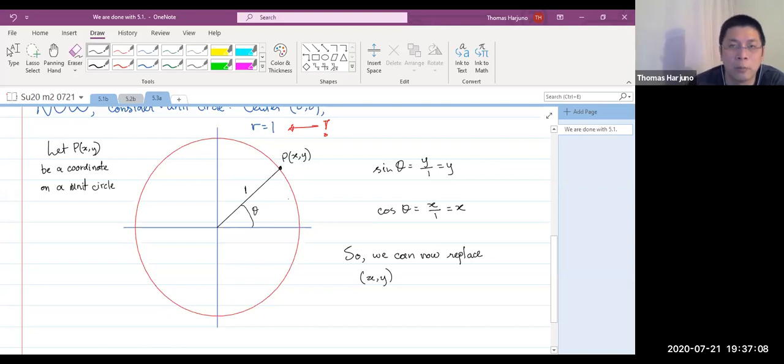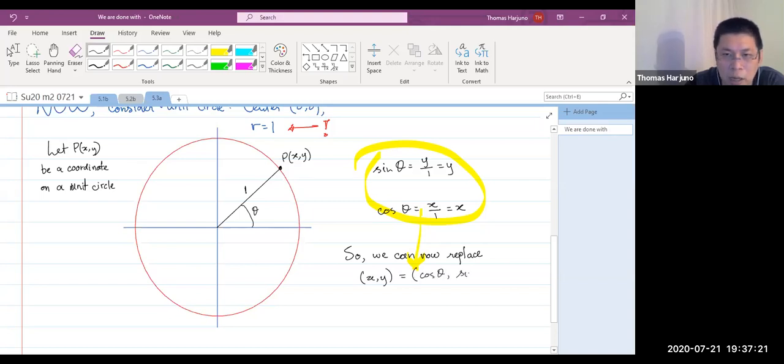Okay, now the consequence is, I can write x as cosine theta, and y as sine theta.